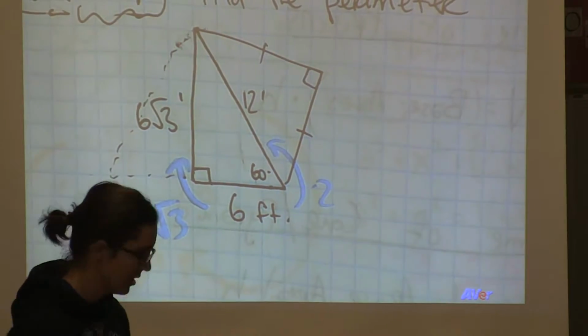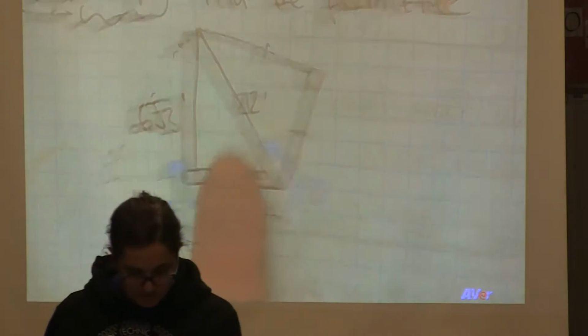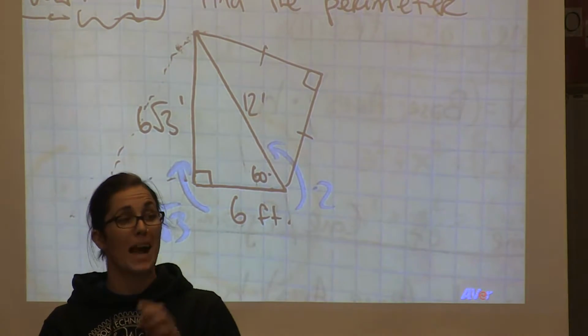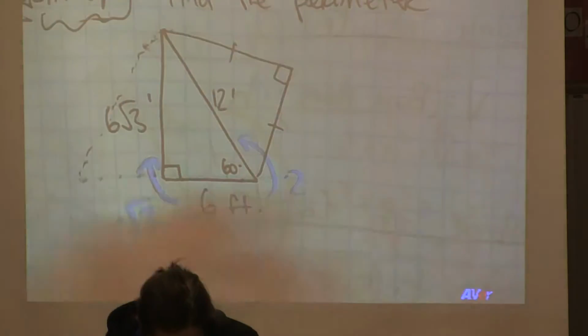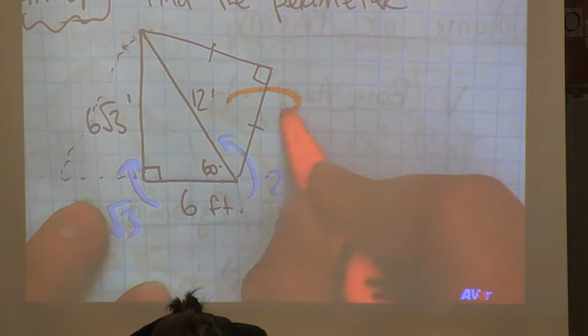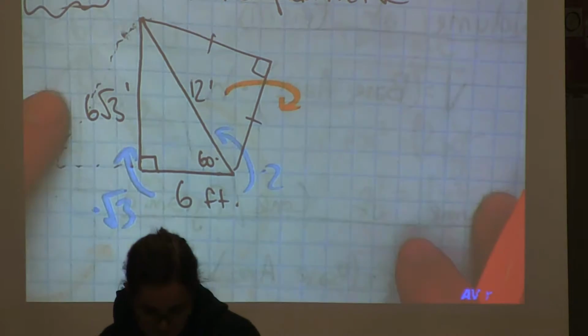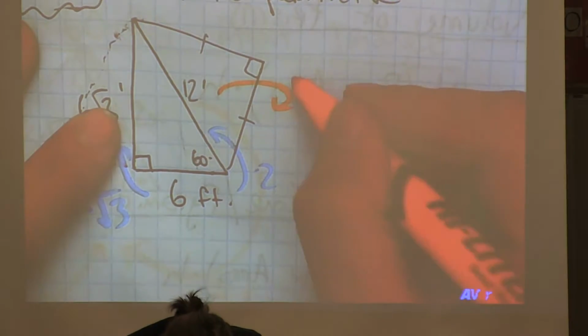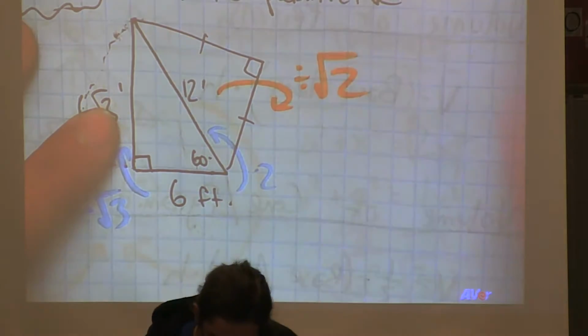What I was saying is that if the hypotenuse is 12, to go backwards on the 45, 45, 90, what do you do? Don't say it all at once, I'll get overwhelmed. Divide by what? Boom. Divide by the square root of 2.